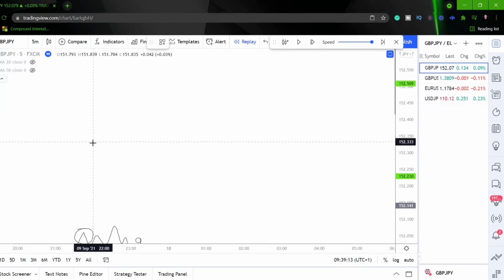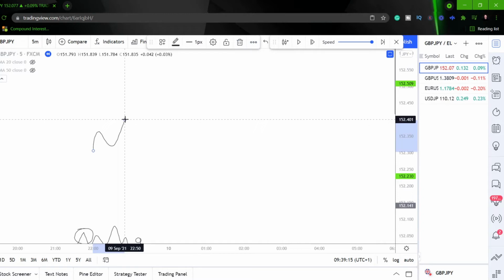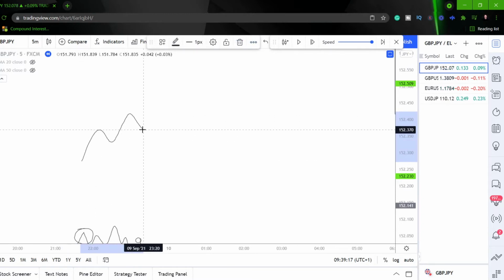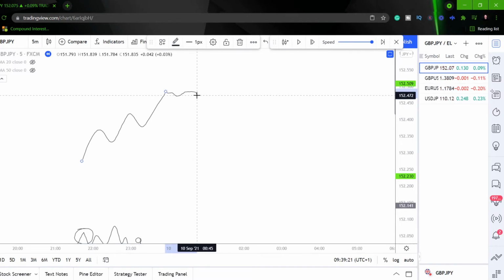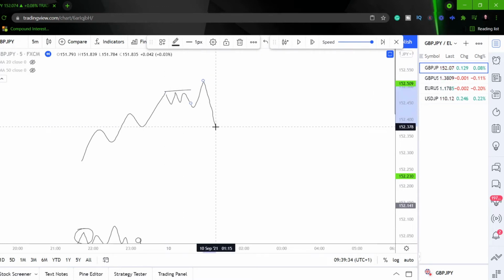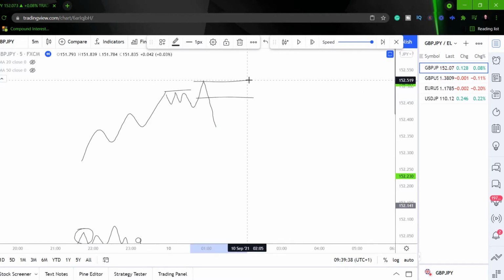Okay, this is effectively what we're looking for, right? We're looking for some type of trending move or a consolidating move, right? We are then looking for a run of the liquidity, a sell-off, and then a retest of that mitigation zone.